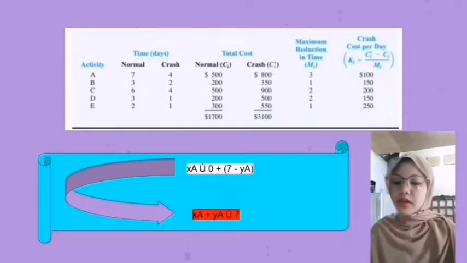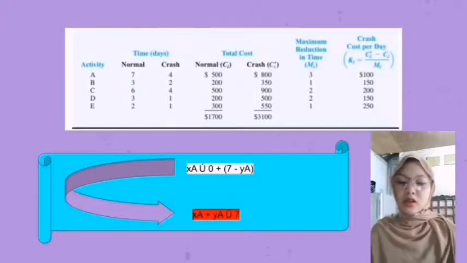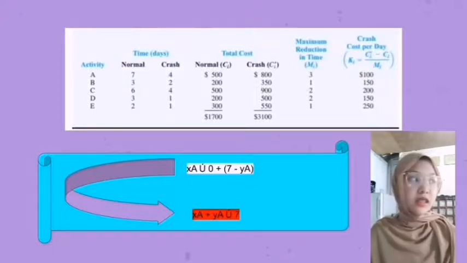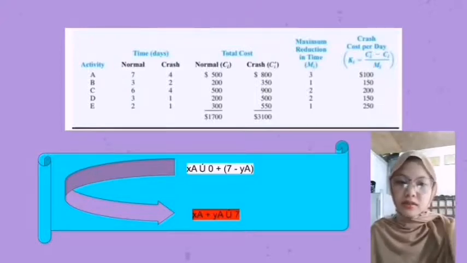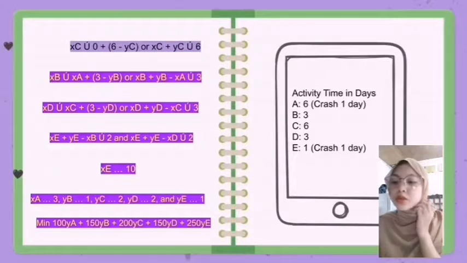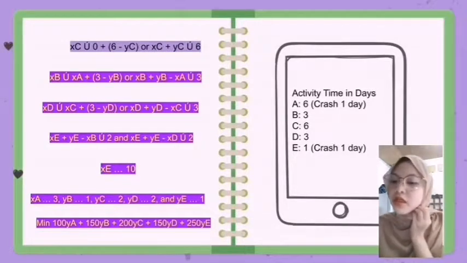So for activity A, moving YA to the left side, we get XA plus 7 equals the finish time, and therefore XA plus YA is less than or equal to 7. The last one is 9.3, considering time-cost trade-offs.